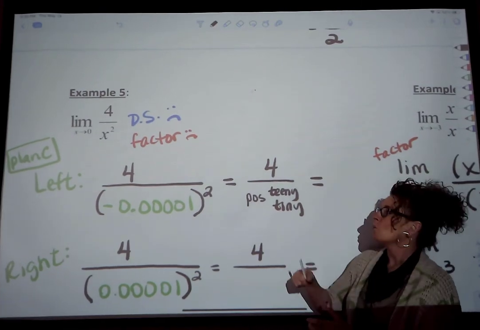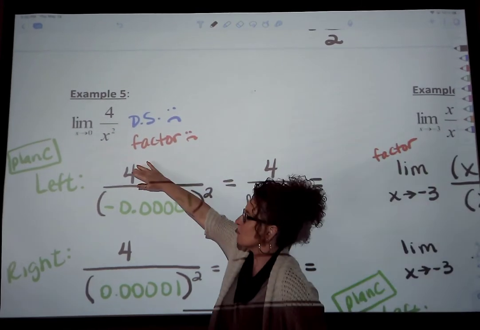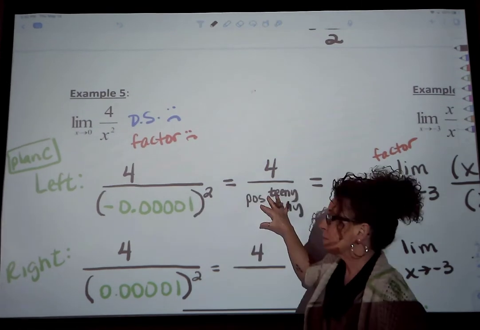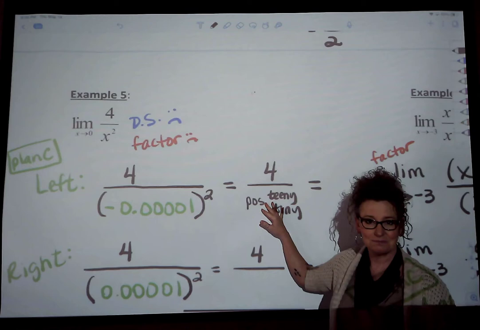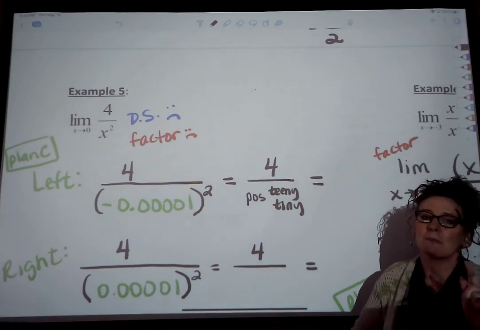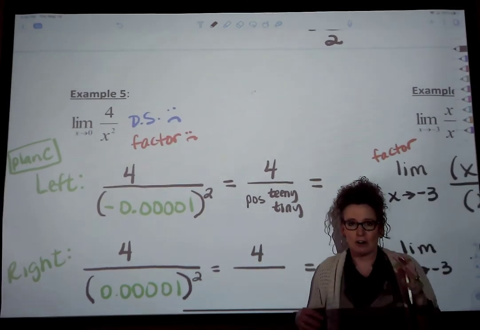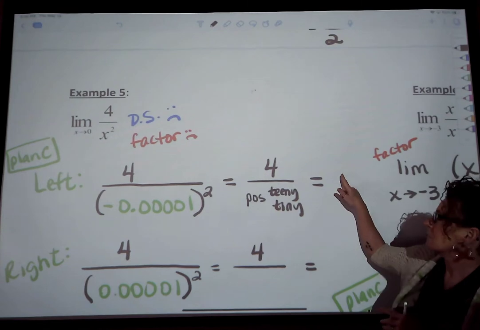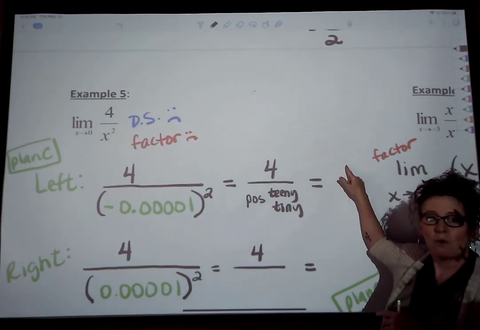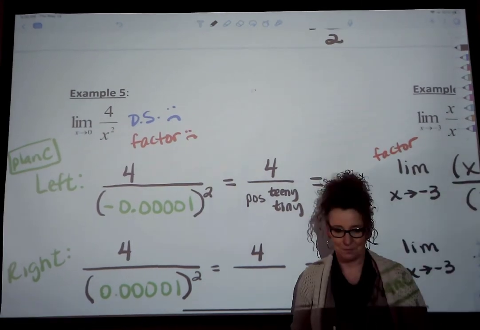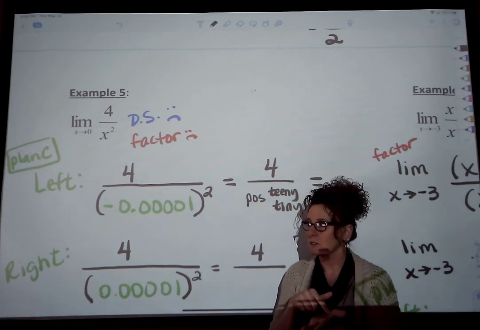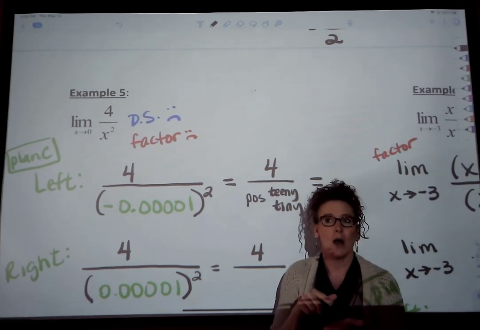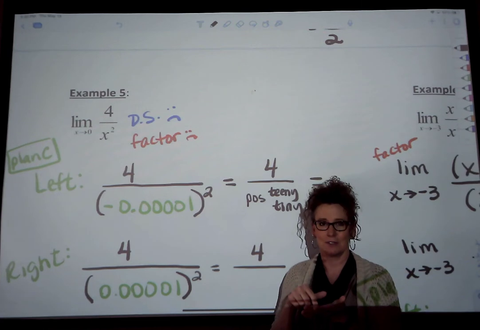Now, when you take your numerator divided by this positive, teeny tiny number, what do you get? Now, some of you might need your calculator to kind of grasp this concept. So maybe try it. Do 4 divided by point, equals. What do you get?